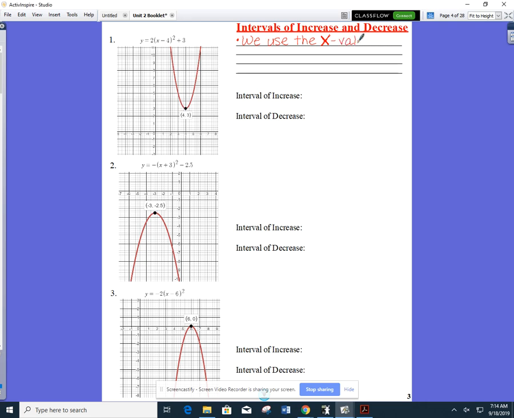So we use the x values to explain when the graph is going up and when the graph is going down.